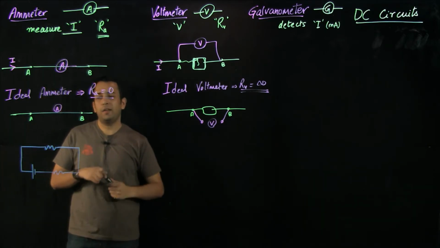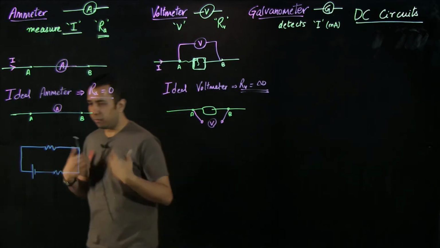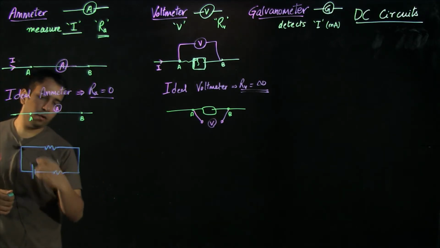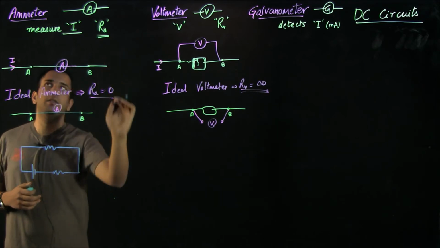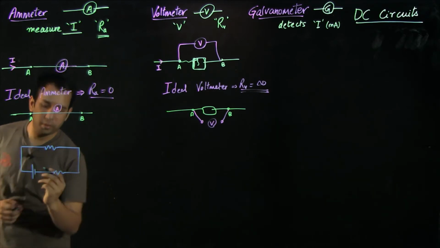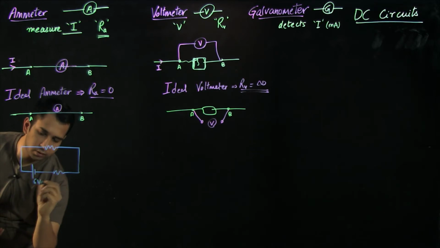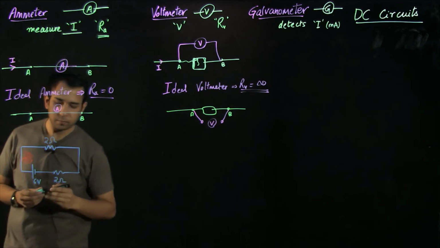Ideally, or for practical purposes, we would not know what the resistance values are, but because we are forming a question, let us say we'll know all the parameter values, and we'll analyze both the cases for ammeter as well as for voltmeter. So let us say this is 6 volts, this is 2 ohms, and this is 2 ohms.